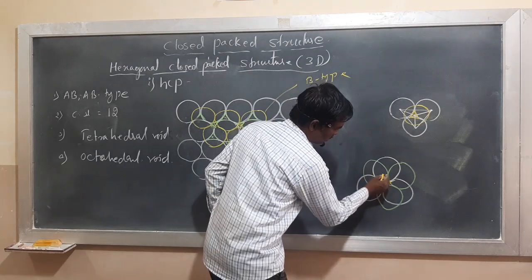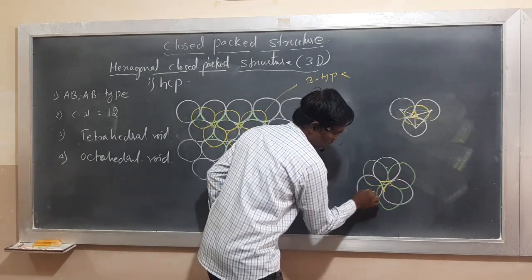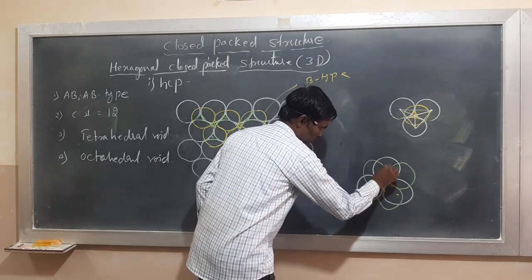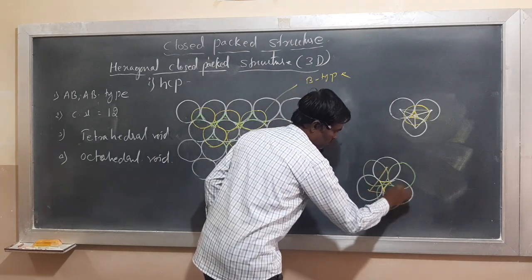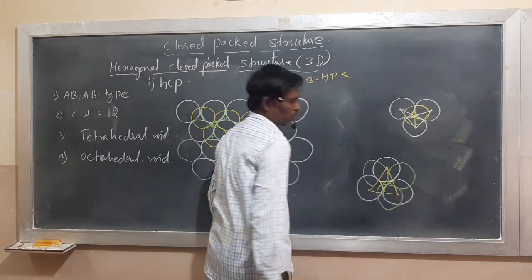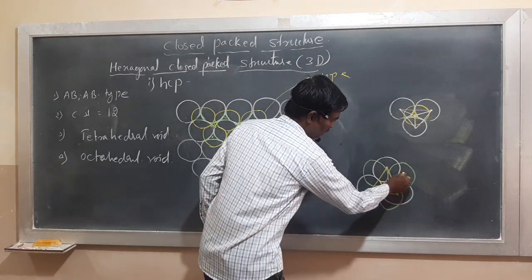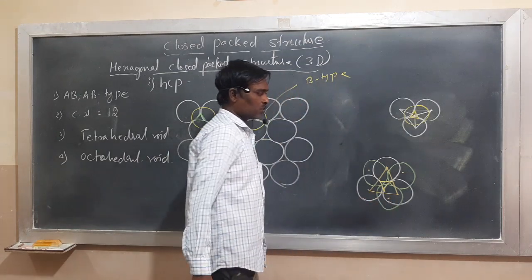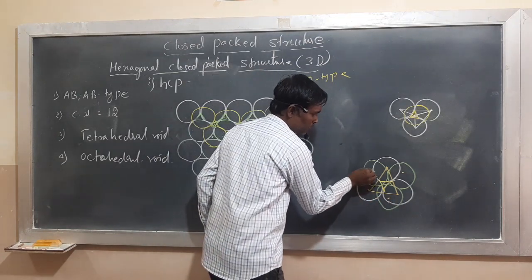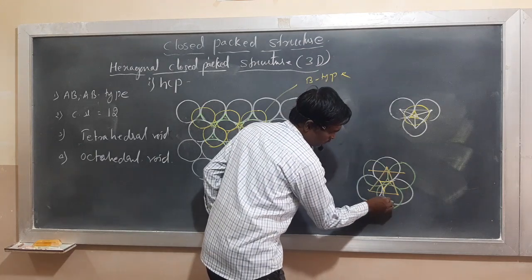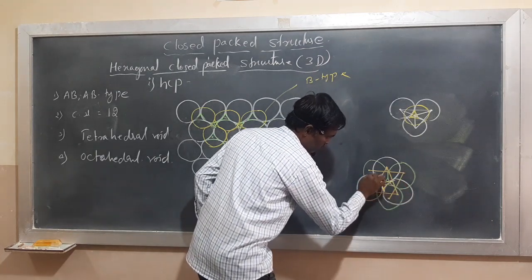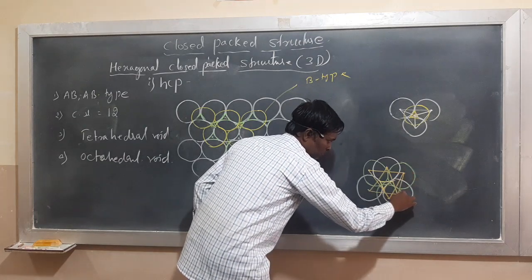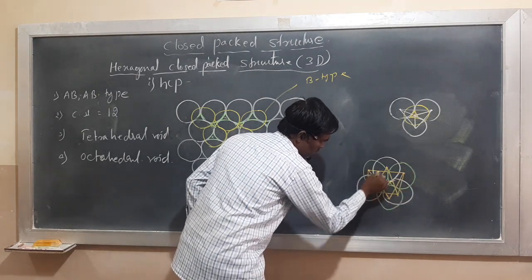When I join the centers, these are the centers of the first 3 spheres. Let me join this. And next, another 3 spheres, these are the 3 spheres of the second layer. And also let me join first and second layer spheres.